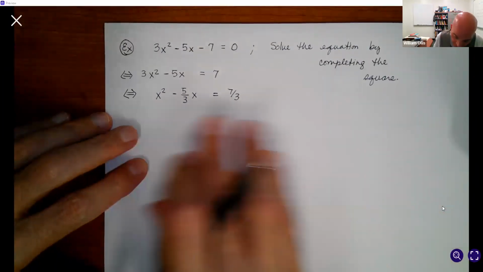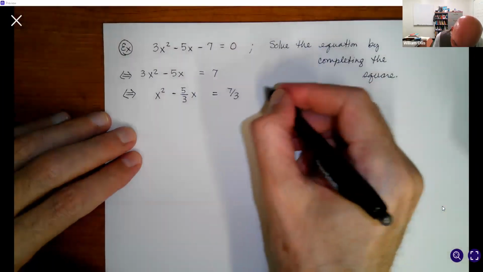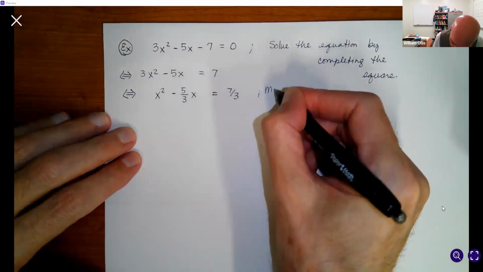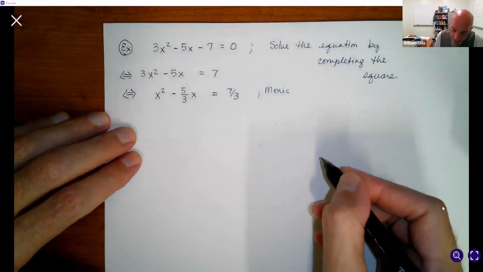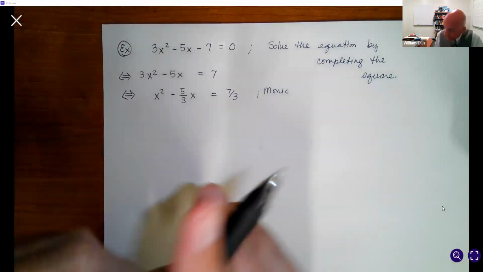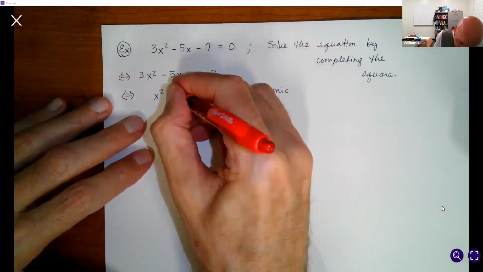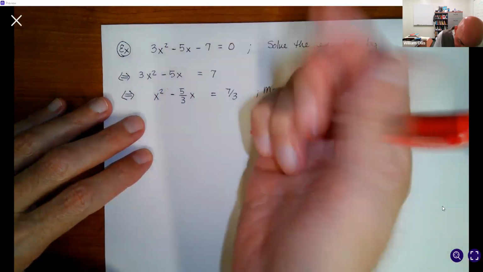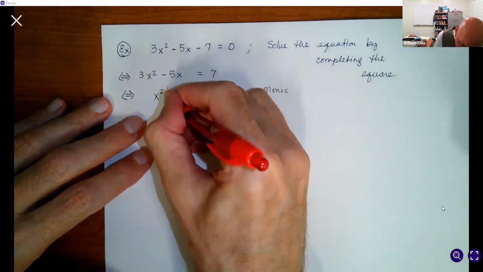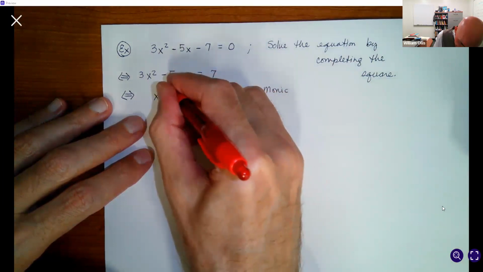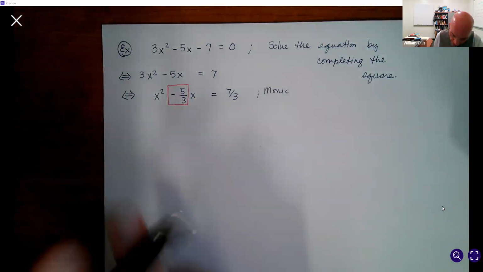So now we can say this is monic, and we want the number that we have to add. So we're going to take half of this coefficient. Let me put a little box around it. It's less than 0, but that doesn't matter. When we square it, the negative goes away.